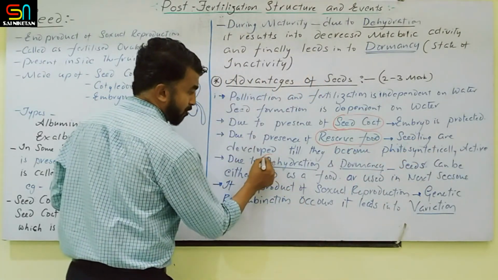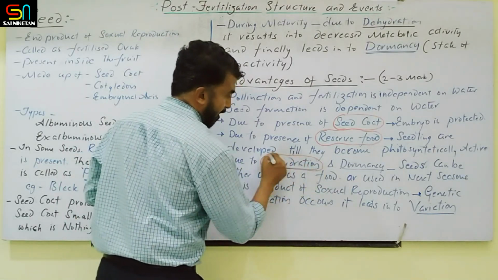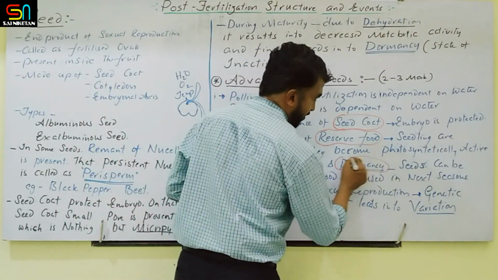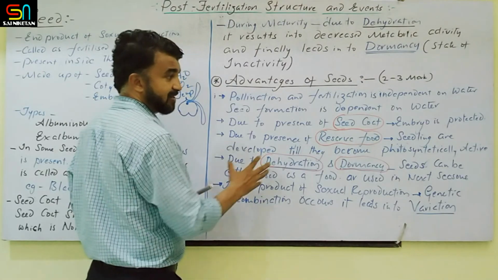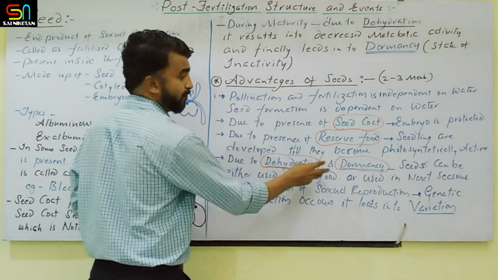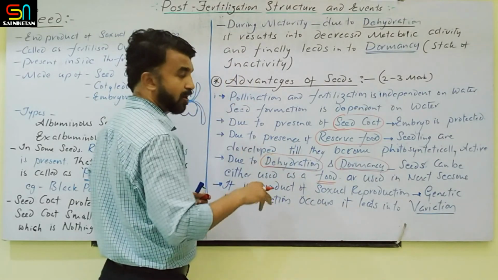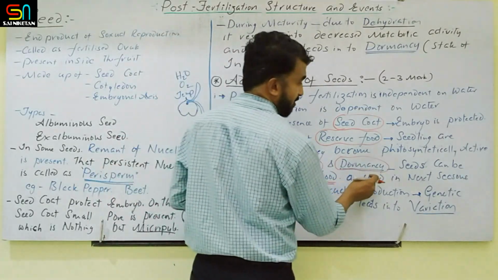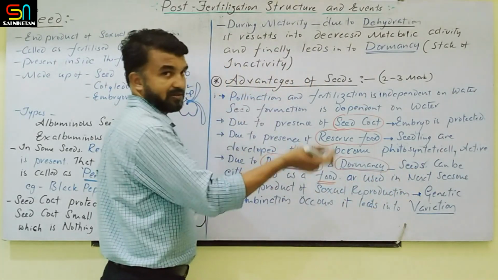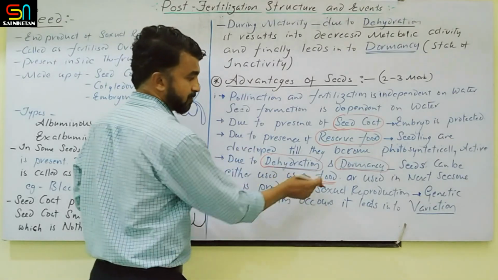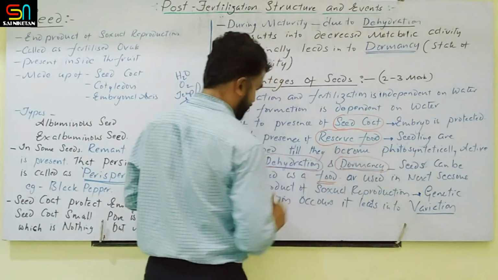Third one, due to the dormancy, dehydration and dormancy. These are the main events. So due to the dormancy, seed can be used as a food. Clear? So you can store it and you can use the food. Suddenly they will not germinate. So either they can be used in the next sowing season in agriculture practices. Clear? So either food, or used as a seed.